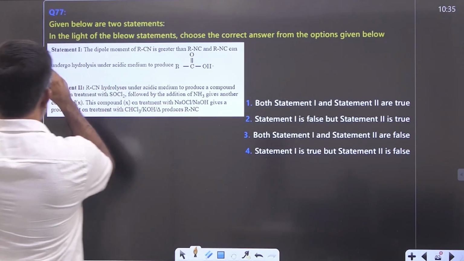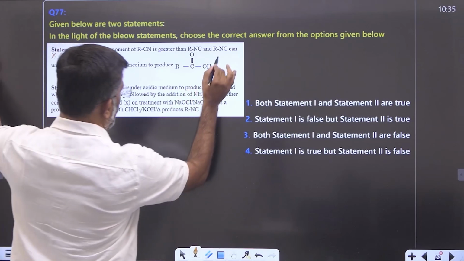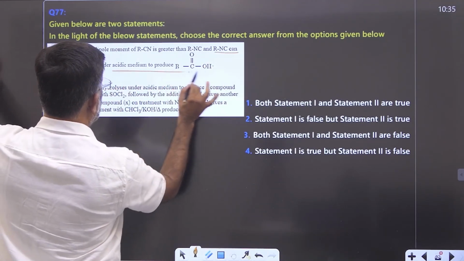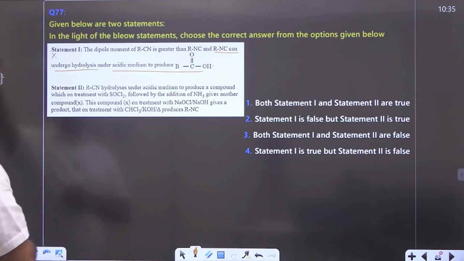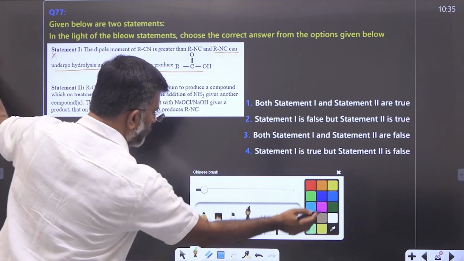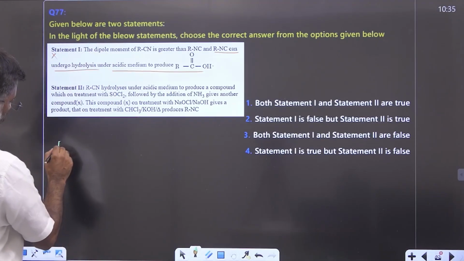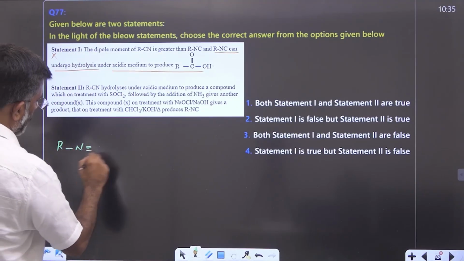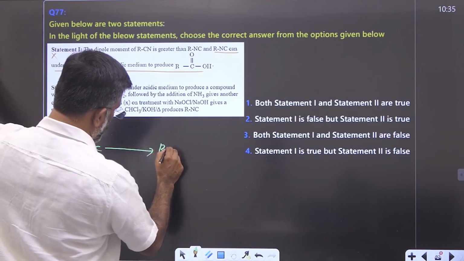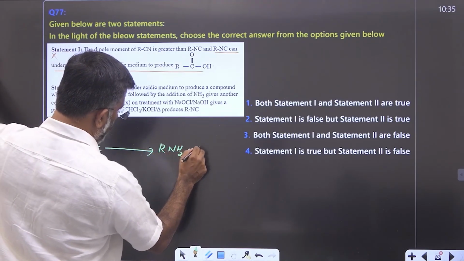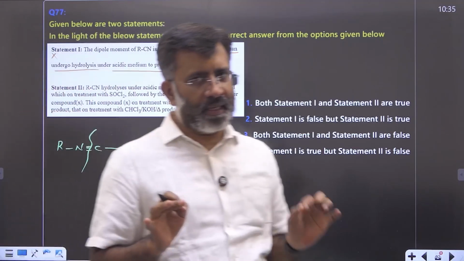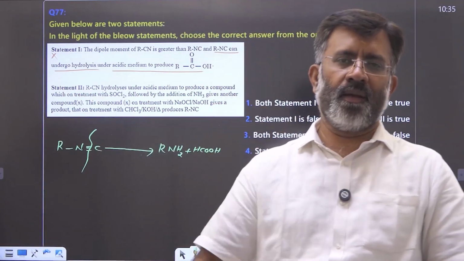Wrong. It's a wrong statement. RNC can undergo hydrolysis under acidic medium to produce RCOOH. It is wrong. What's happening with the RNC? RNC undergoing hydrolysis, it will break here. You will get RNH2 and HCOOH, formic acid and a primary amine.